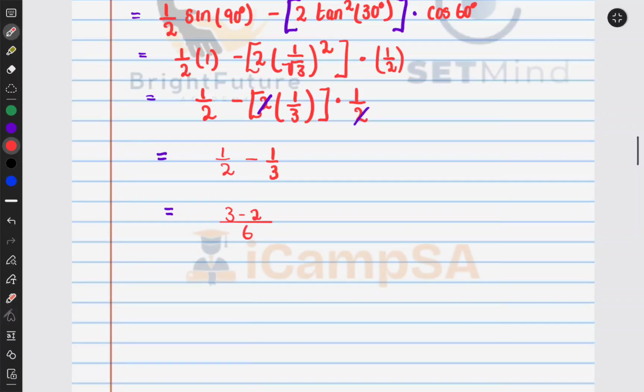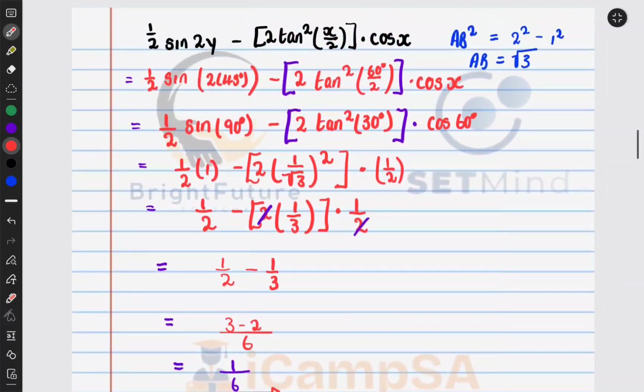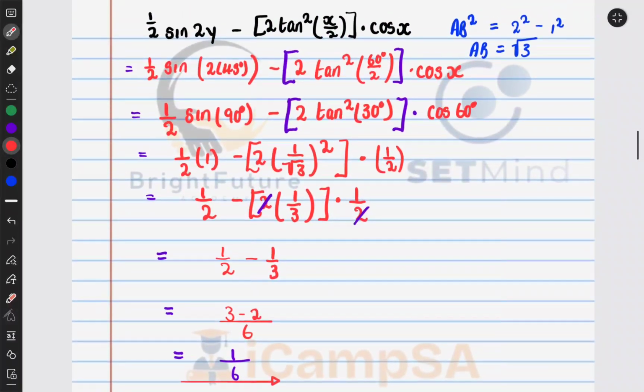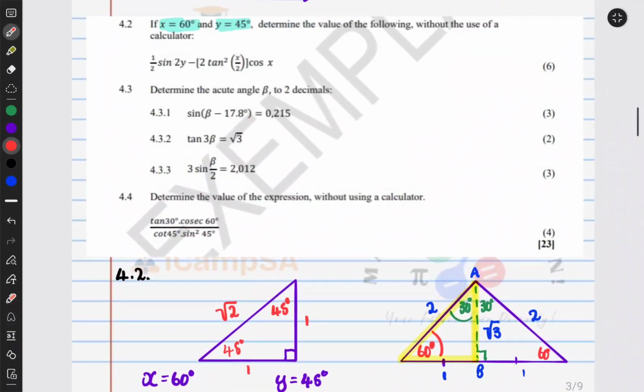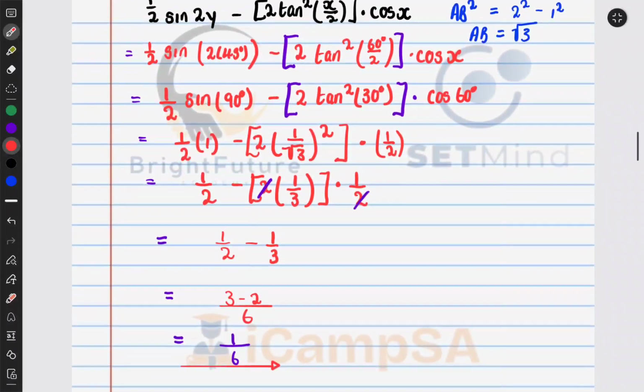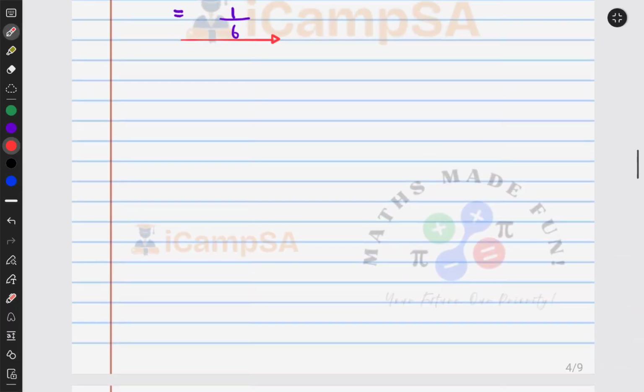So 3 minus 2 is 1 over 6. So the final answer here is 1 over 6. This one has quite a few steps, but that is your answer, and it's 6 marks. That is how you go about answering that.